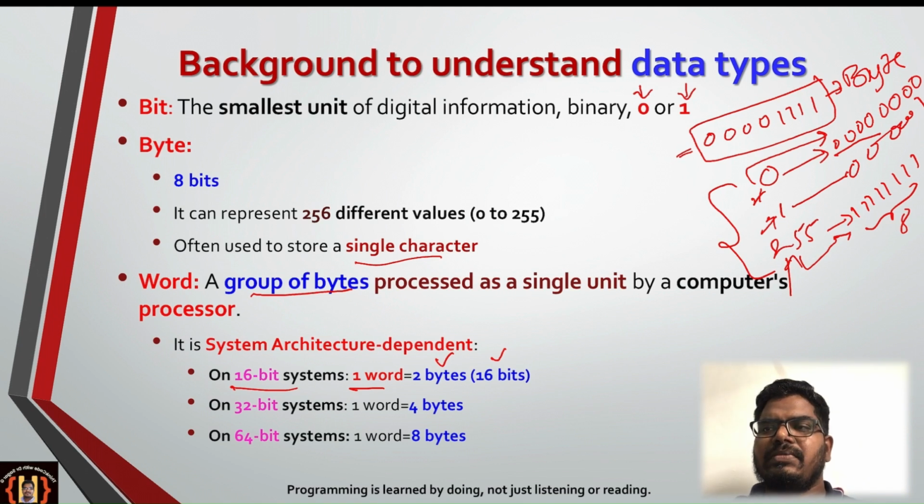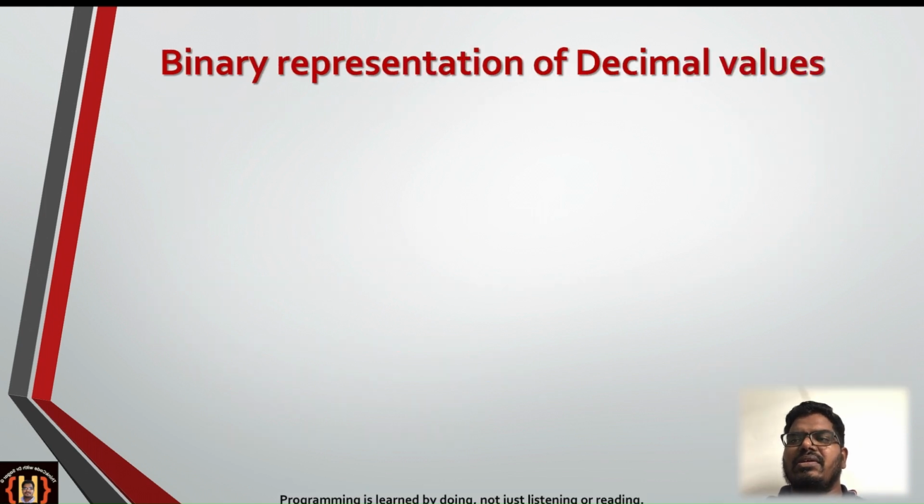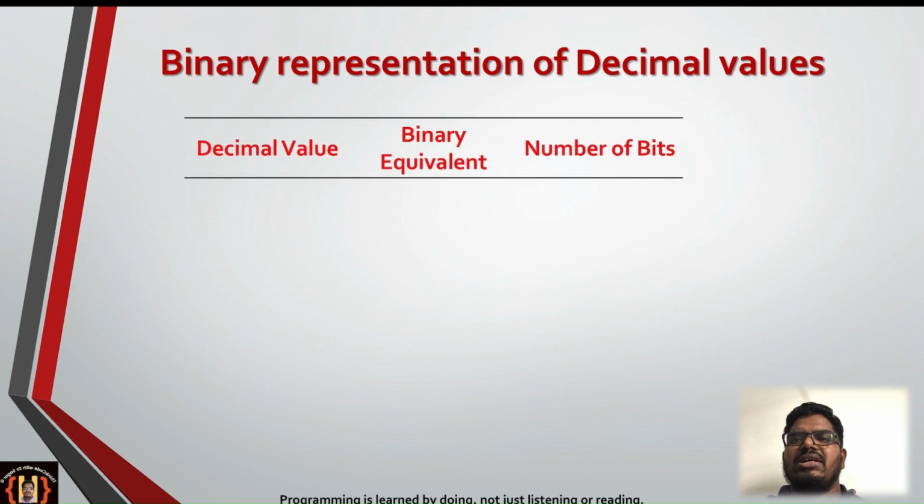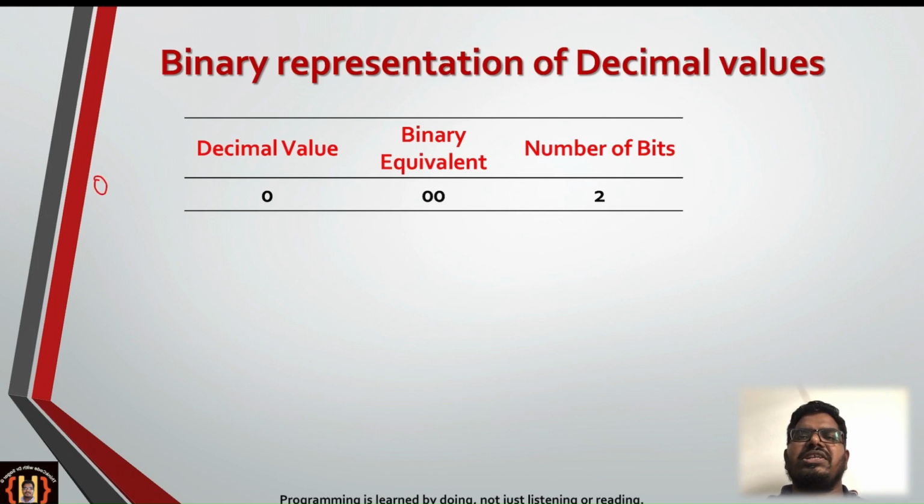Okay, then let's dive into more detail. We'll see how a decimal value can be represented in its binary equivalent. Let me go through this once. Finally, all the numbers and all the characters have to be converted into zeros and ones.